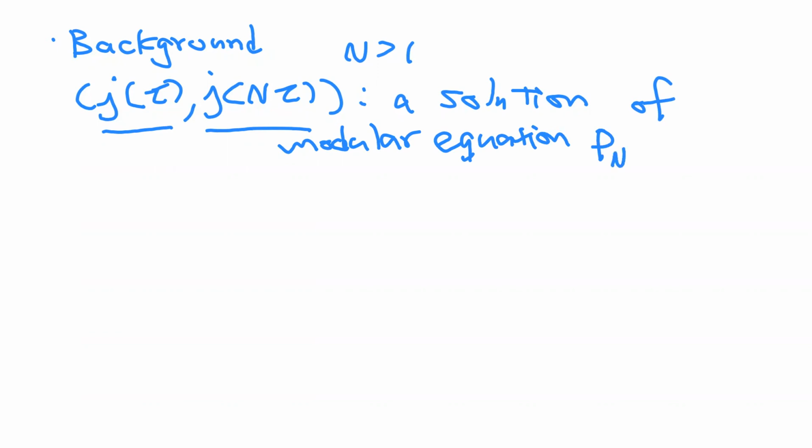Following Kronecker, let's call it P sub n of x, y.